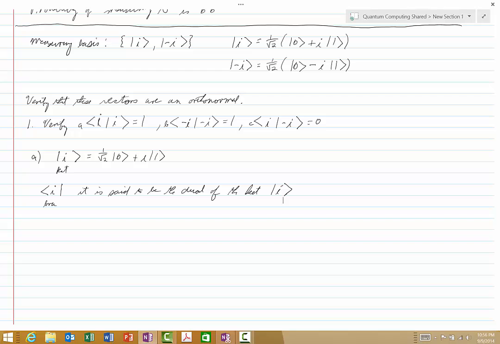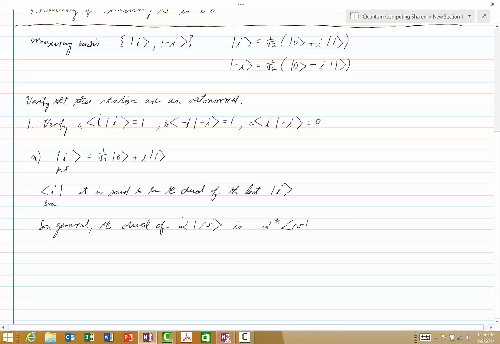Now, the important thing to know here is the following. In general, the dual of alpha times the ket V is alpha conjugate times the bra V. So let me say that in another way.